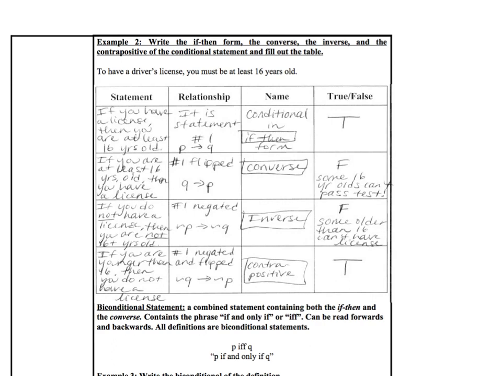And lastly, we filled out the chart in class. Remember that our four terms are if-then, converse, which is if you flip it, inverse, which is when you negate the original if-then, and contrapositive, which is when you negate and flip or reverse. We can decide if they're true or false, and if it's false, we give a counterexample.